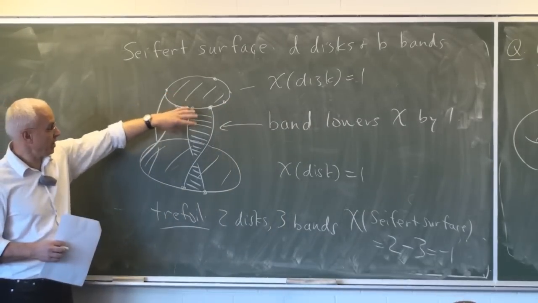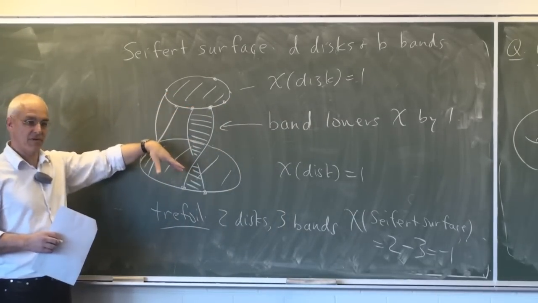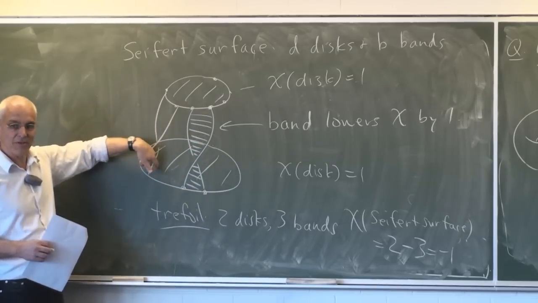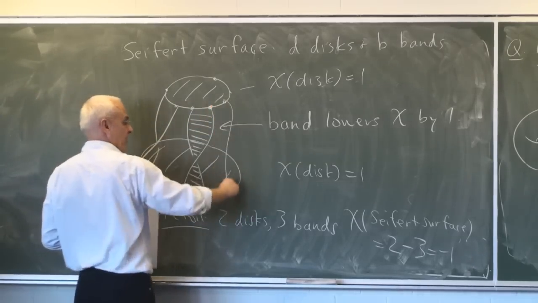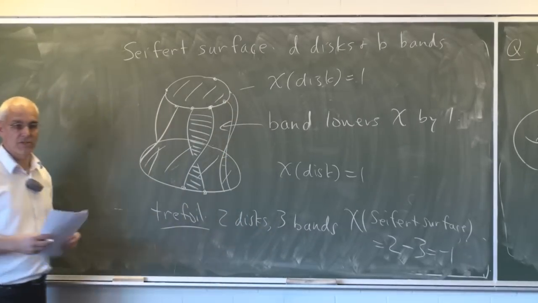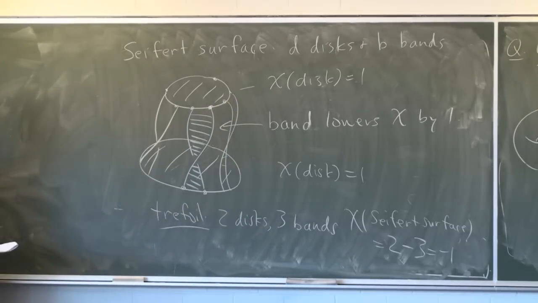When we originally have these 2 disks, they have Euler characteristic 2, adding 1 band brings it down to 1, adding another band brings it down to 0, adding the 3rd band brings it down to minus 1. So the Euler characteristic of the Seifert surface is minus 1.